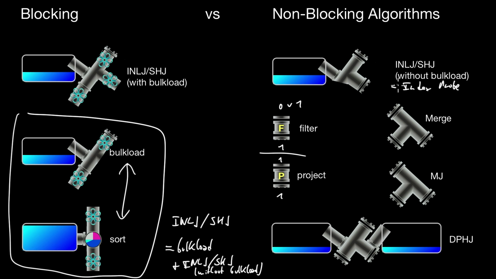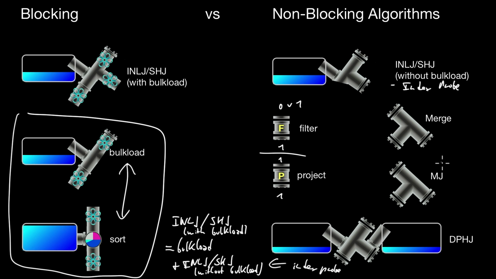This is non-blocking. So this is the index nested loop join with bulk load, and this is just a combination of those two. It's bulk loading plus this index probe, which is non-blocking. That is how you can decompose those different operations.